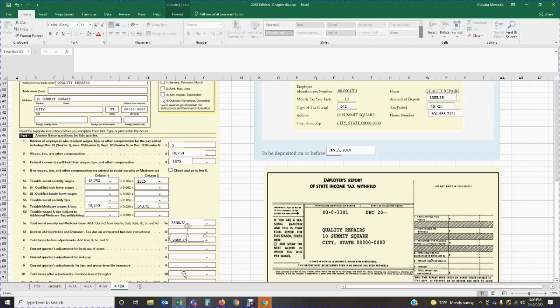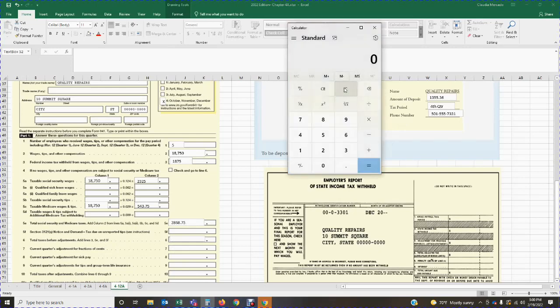For this line item, it says add lines 3, 5E, and 5F. Line 3 is 18.75, plus line 5E, which is 2868.75, and then line 5F, which is 0.